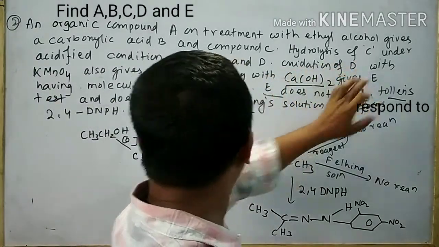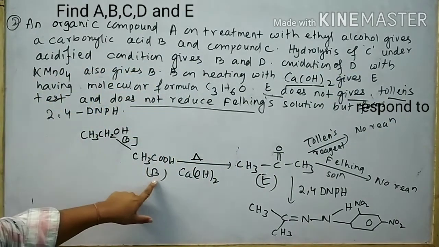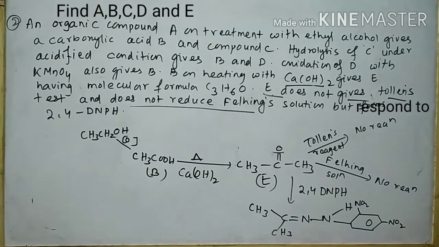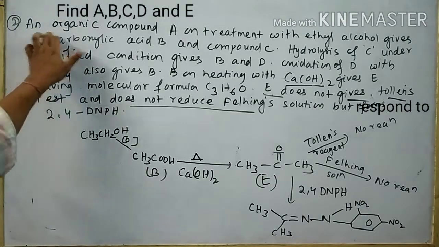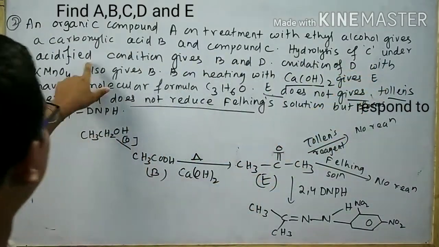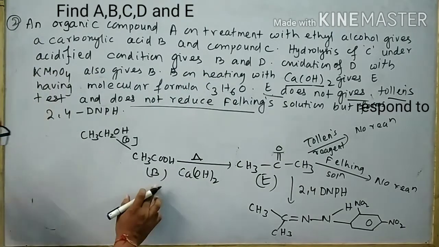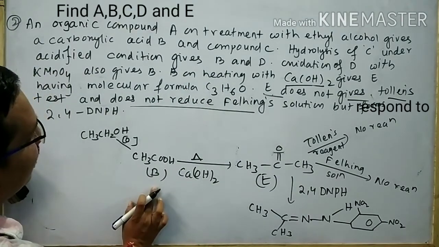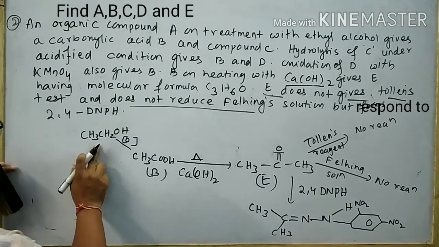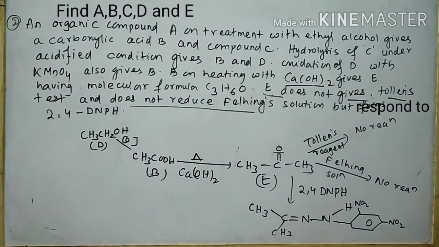Oxidation of D with KMnO4 also gives B, so this is D. Another point is written: hydrolysis of C under acidified condition gives B and D. That means this product is formed, and also this product, which is D. These two products can be formed by the hydrolysis of C.